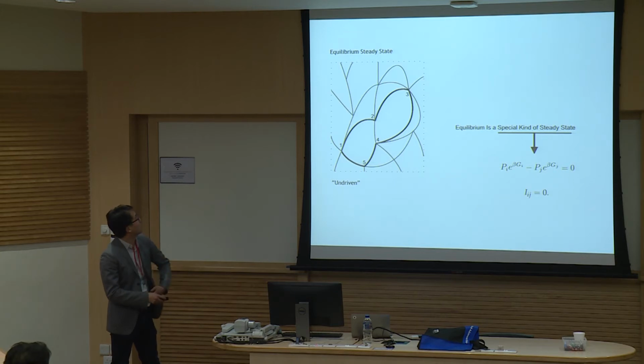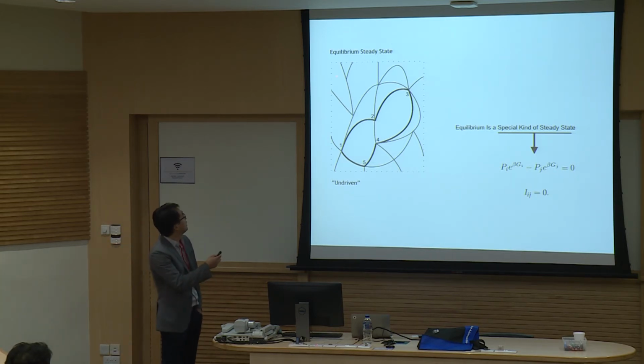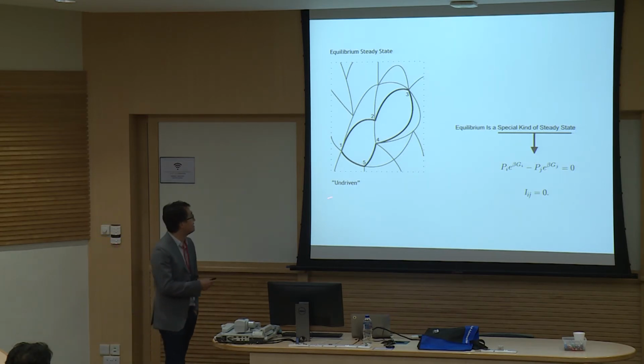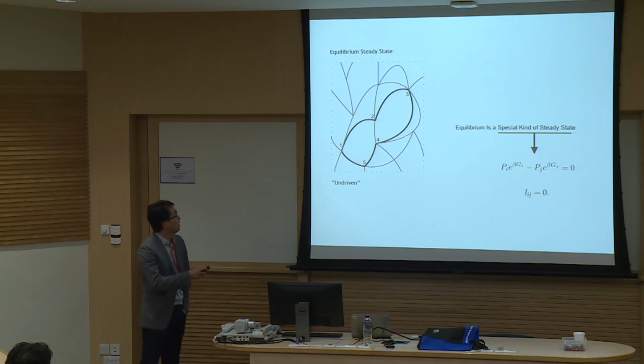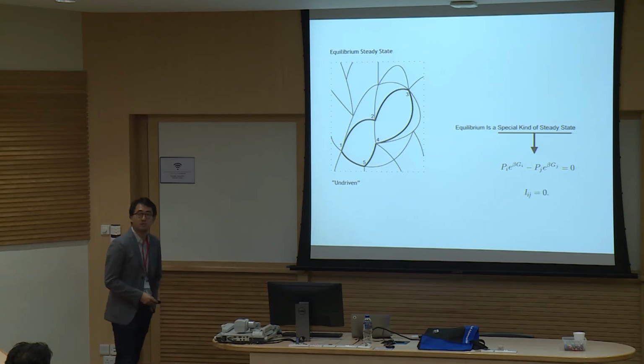Okay, so to define what that means a little more rigorously, let's go back to what is known very well, which is equilibrium, a form of steady state in which there is detailed balance. It's a special kind of steady state in which, between any two states of a system, here's a node that will be a state of some system, here's another state, at equilibrium the forward transition between this state and that state is exactly balanced by the reverse transition.